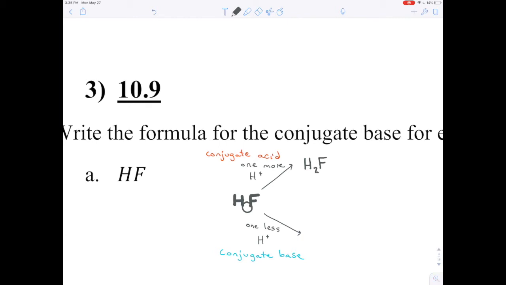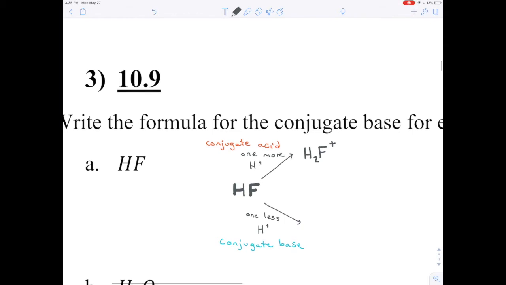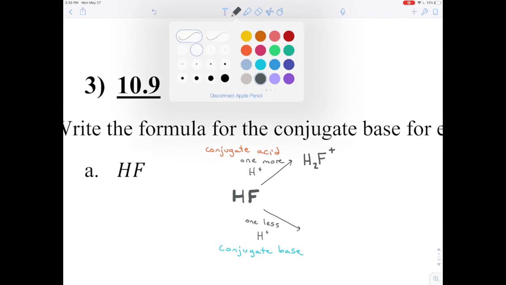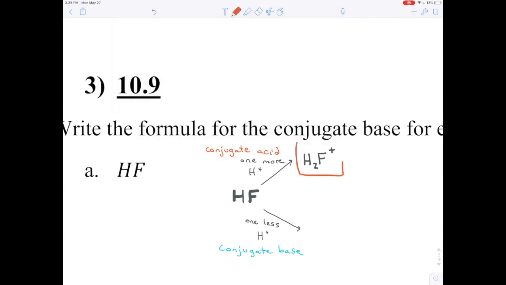The rest of the molecule stays the same. And the charge is the second thing that we have to add. So HF, look at the top right, nothing is written there, starts with a 0 charge. If we add a plus 1, then 0 plus 1, you'd have a plus charge. And H2F plus is the conjugate acid of HF.